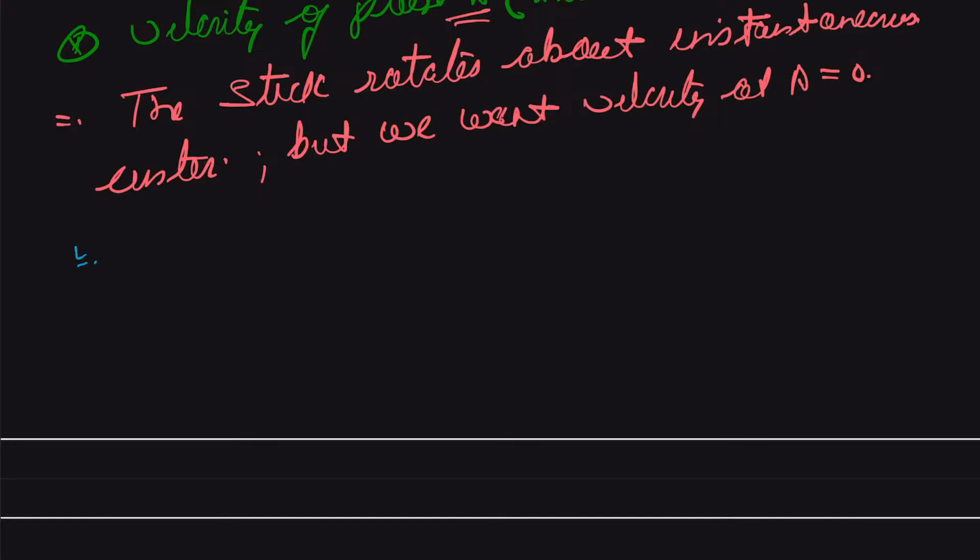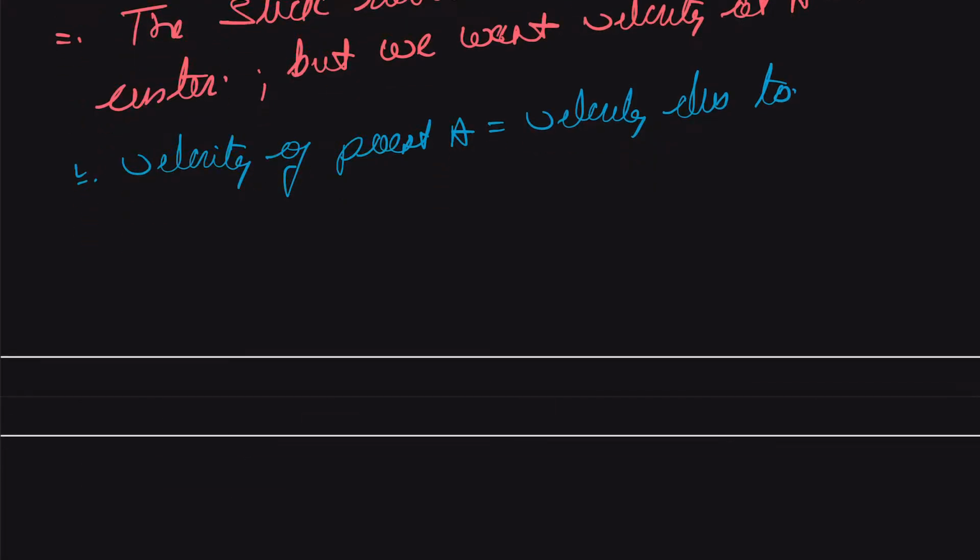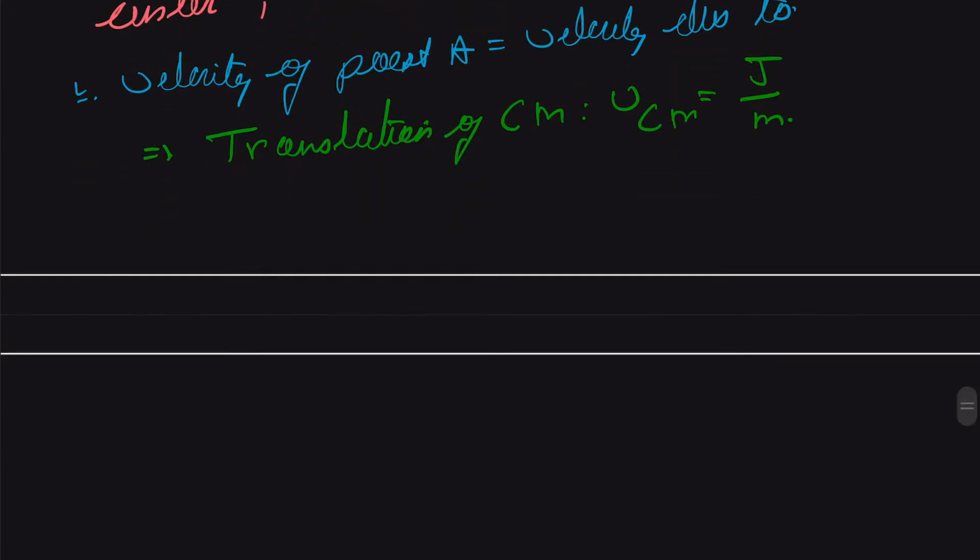So we can say that the velocity of point A is the velocity due to translational motion of the center of mass, which we already calculated: velocity of center of mass is equal to J upon M, and we have our secondary, that is rotation about the center of mass.